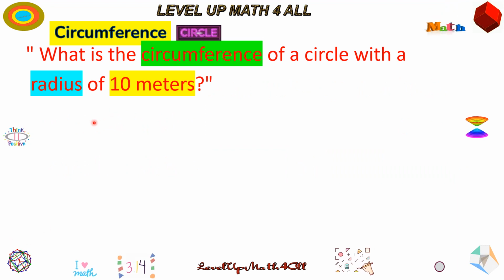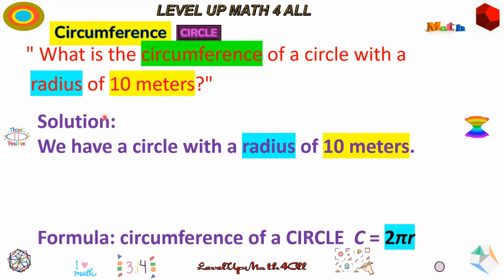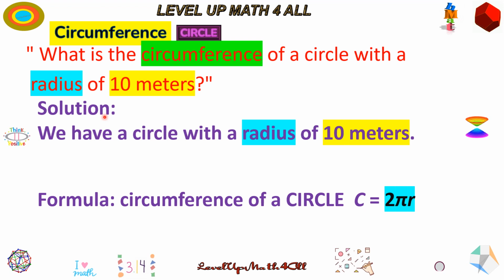So let's apply the formula and find the solution. Solution: we have a circle with a radius of 10 meters. When we have the radius value, we apply the formula for the circumference of a circle, C equals 2 pi r.